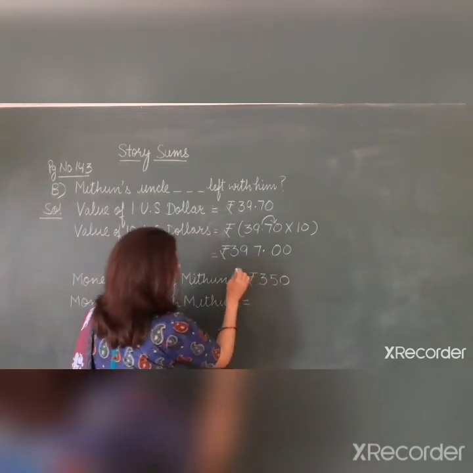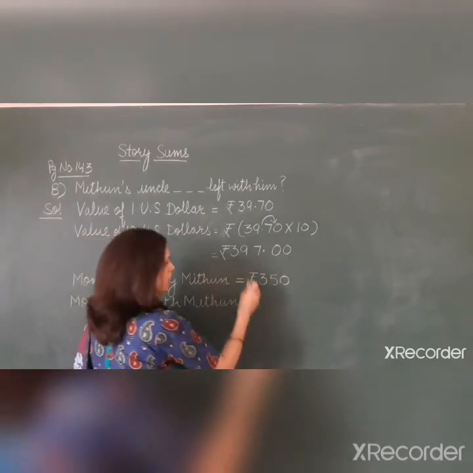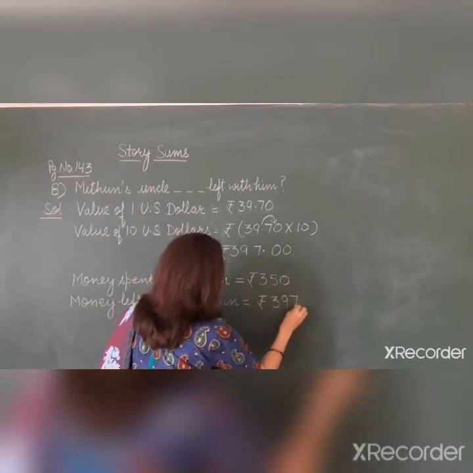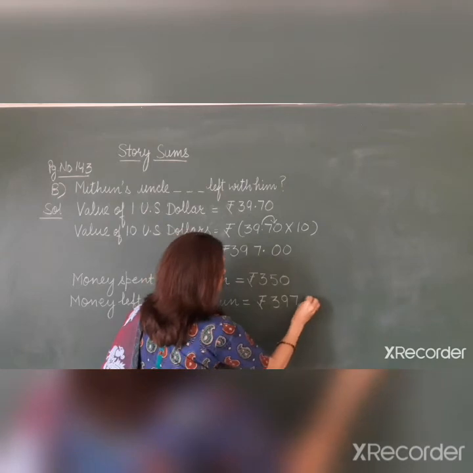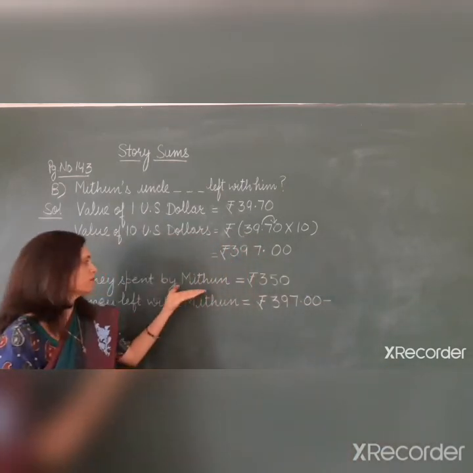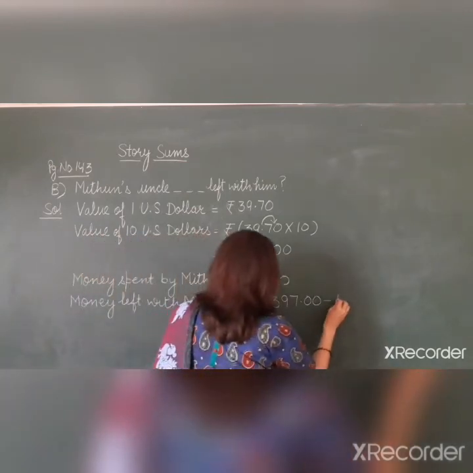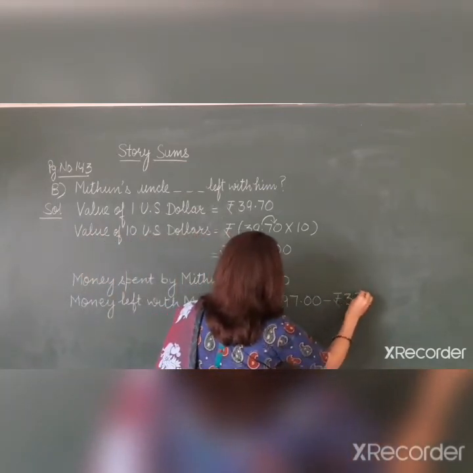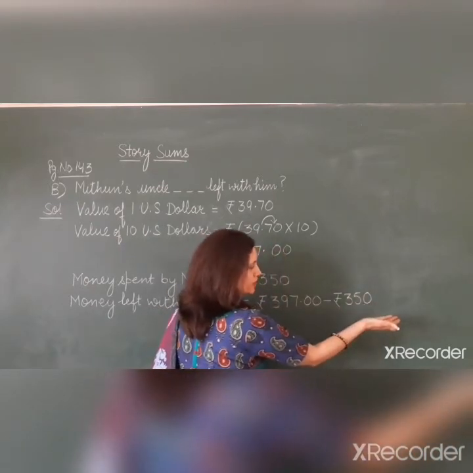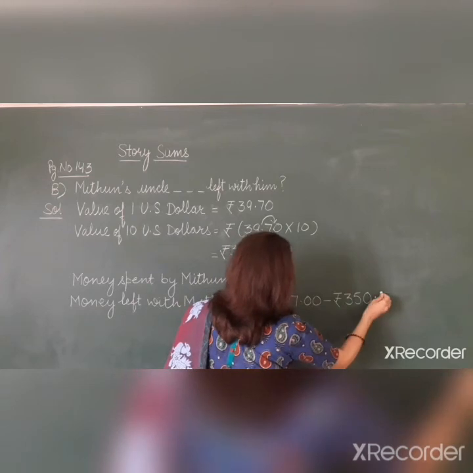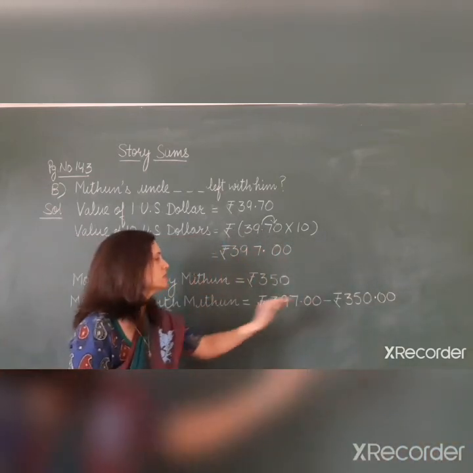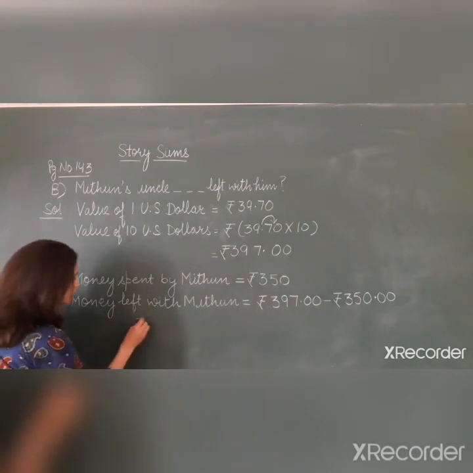So we will subtract the money Mithun spent, that is 350 rupees, from the money he has, 397 rupees. There is no value of paise given here, so at the place of paise we will put 2 zeros. So when we subtract these two values, what will be the answer?